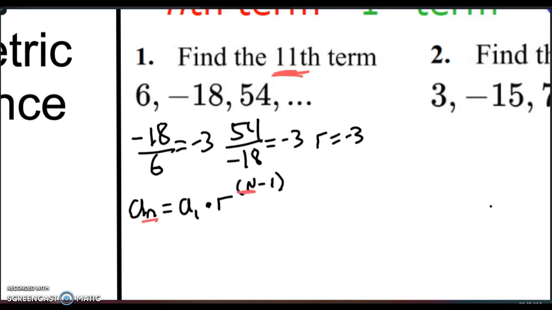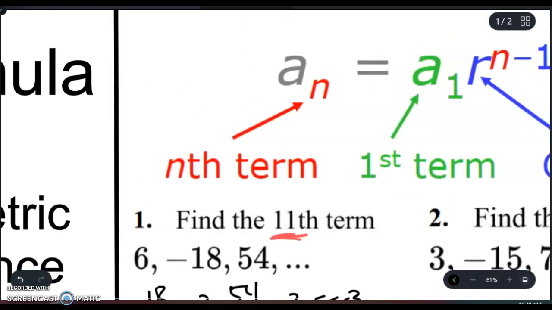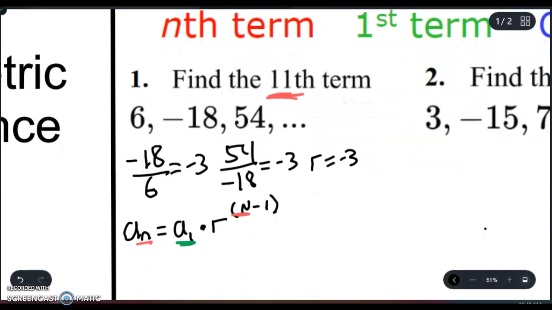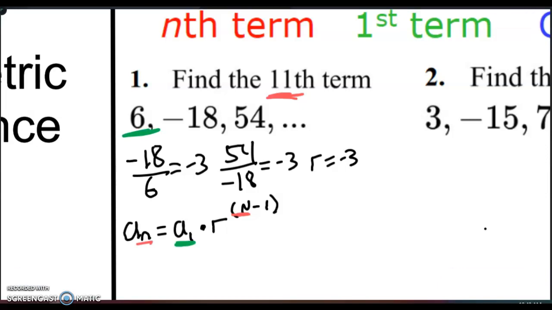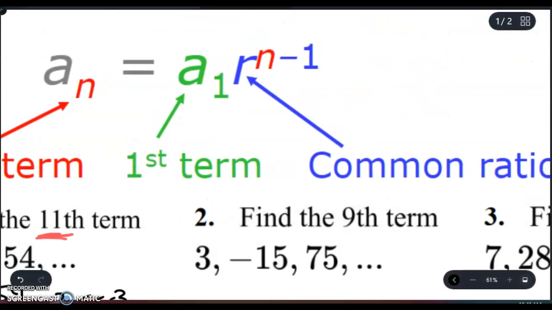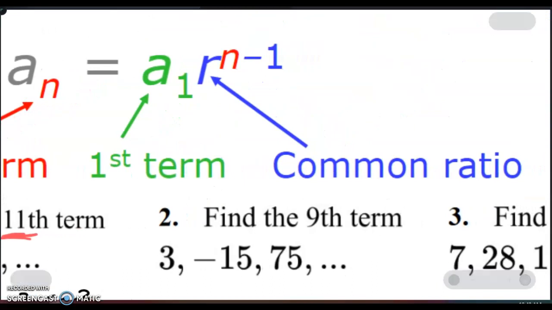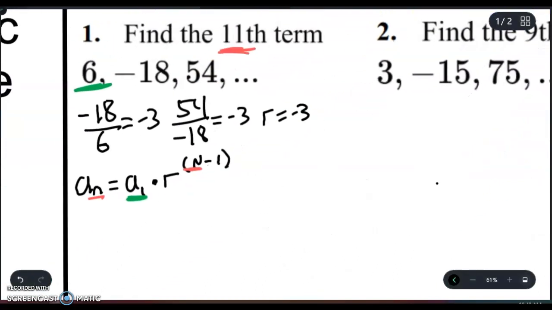a sub 1 is the first term, so I'm going to replace it with 6. The common ratio, which is r here, is the number that we just found.